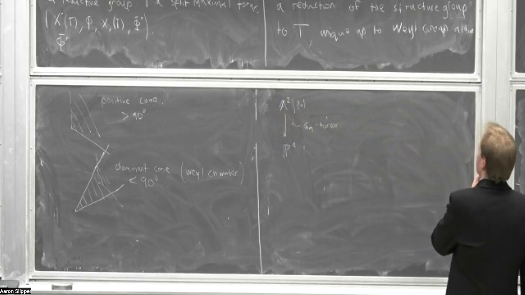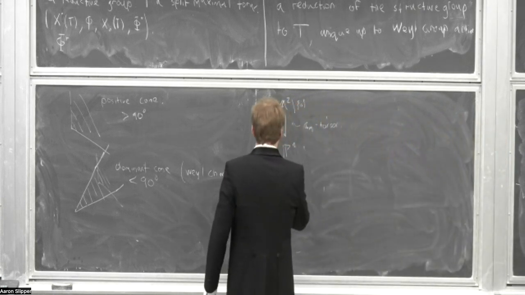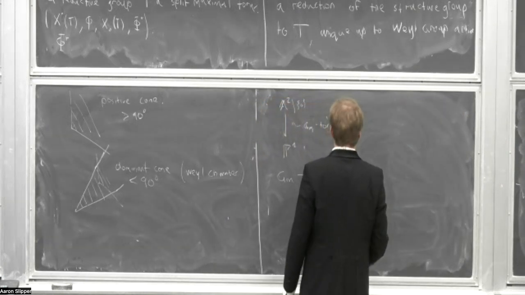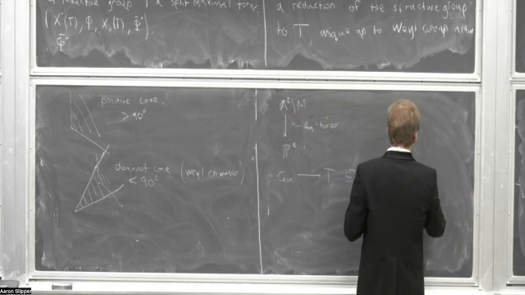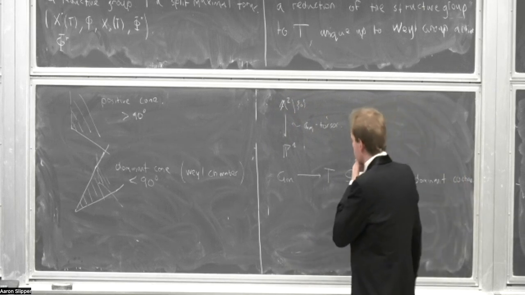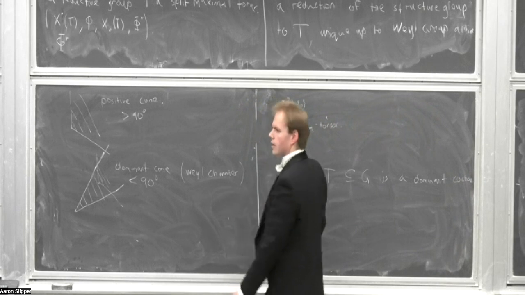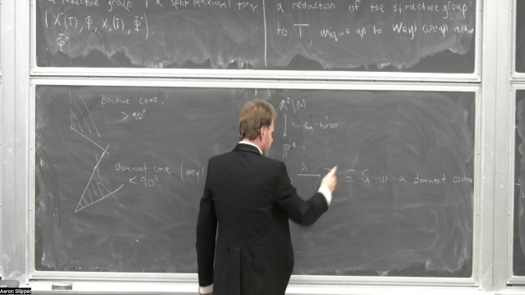And now you can consider the associated bundles. If Gm maps to the subset of G by a dominant co-character, let's call it, what's a good letter, maybe mu, lambda. Then you can always just take the associated bundles.